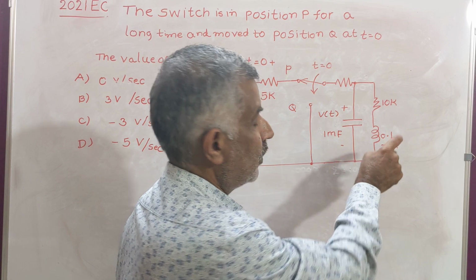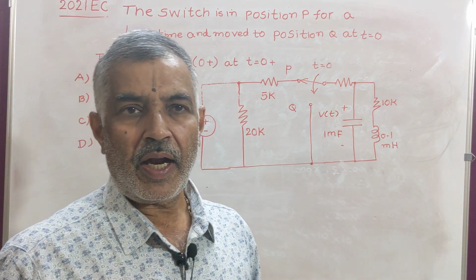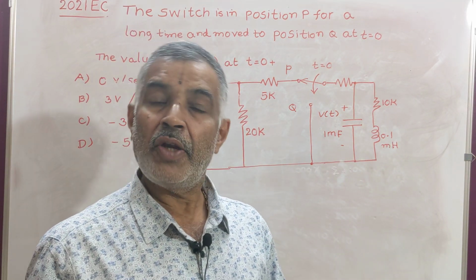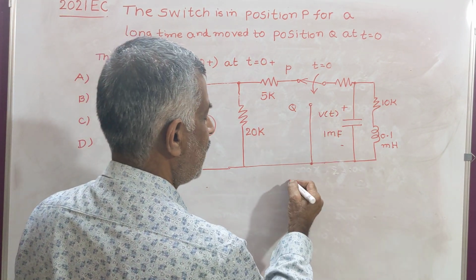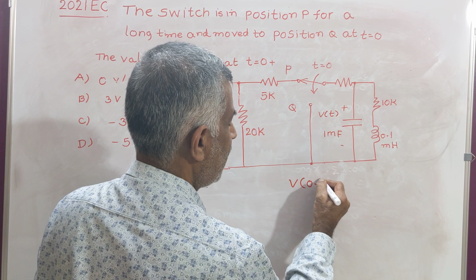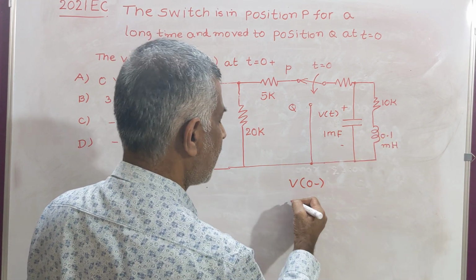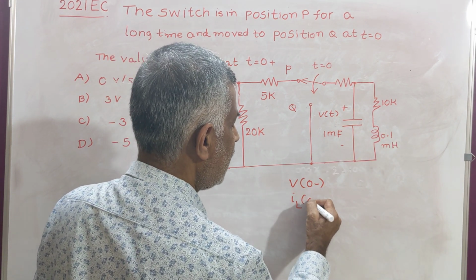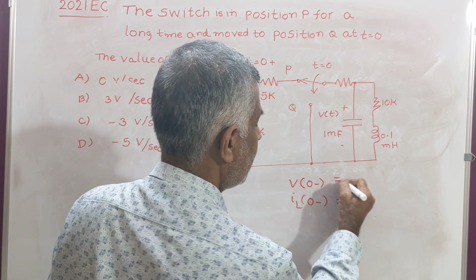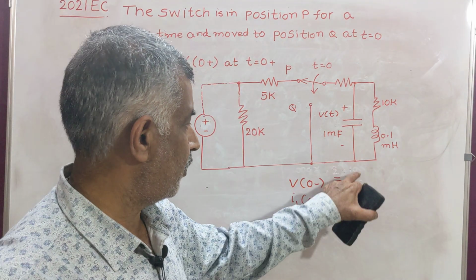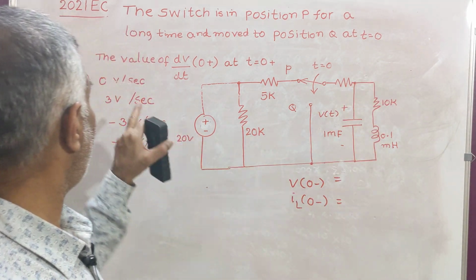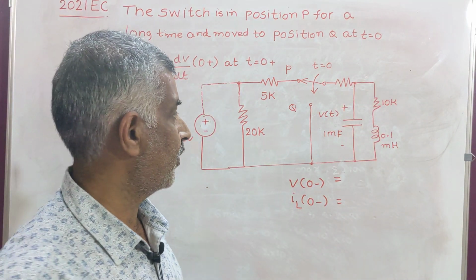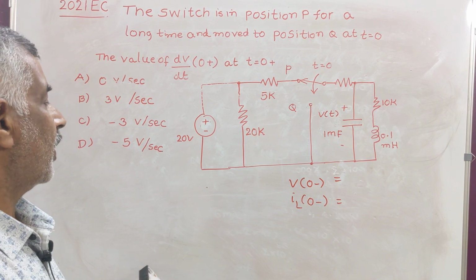And the inductor carries some current under steady state condition, and you can find that. Now I will call this capacitor voltage V0 minus and the inductor current IL0 minus. You can find out these two, because without finding these two, you can't find dV by dt at 0 plus.